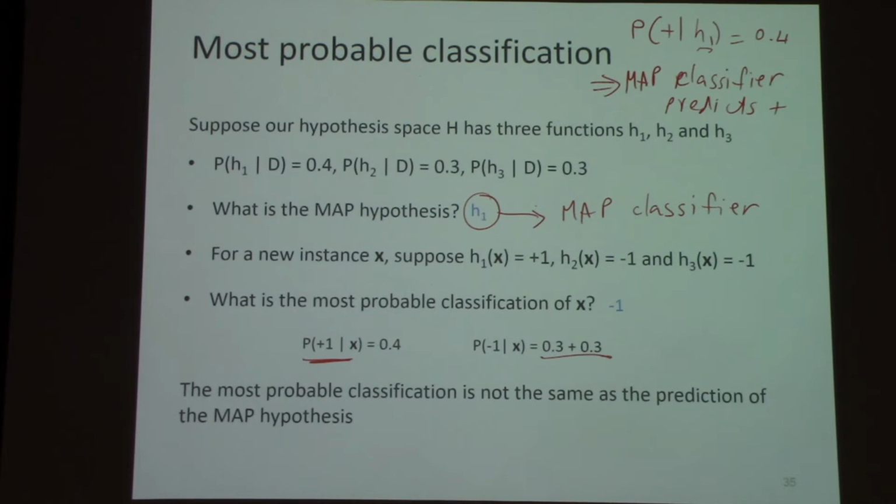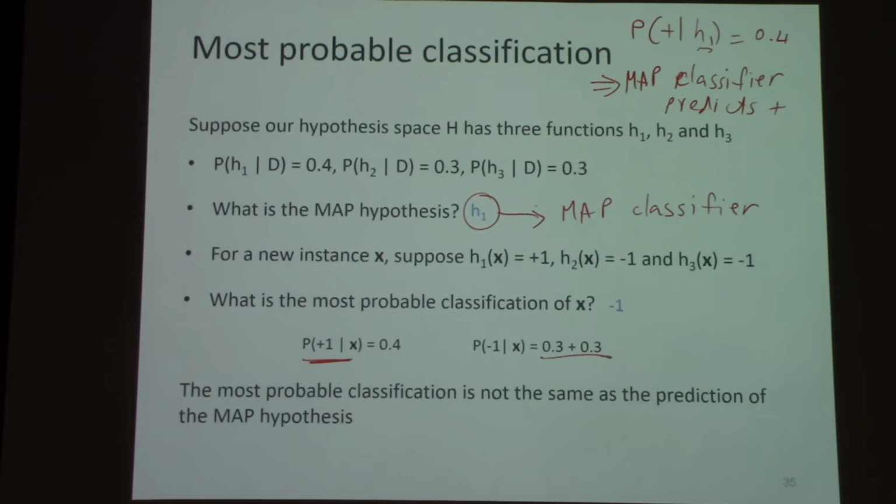H1 is the classifier that has the highest probability of being the true one. That's the MAP classifier. On the other hand, if I do not commit to H1 being the classifier, instead I decide to consider every possible classifier until the last minute and entertain all their predictions, and their predictions are weighted by the probability of that classifier being the correct one, then the label minus becomes more probable.